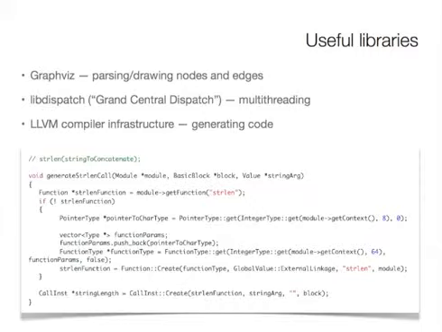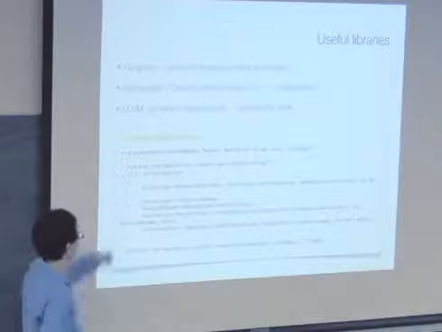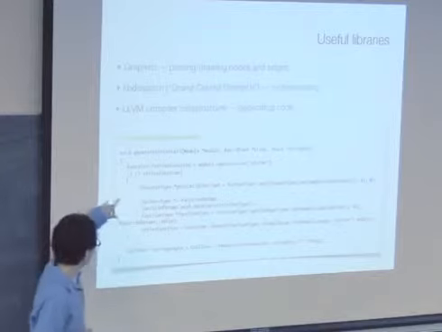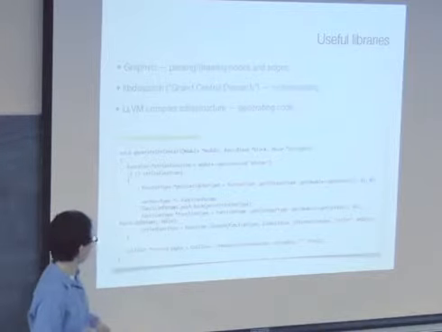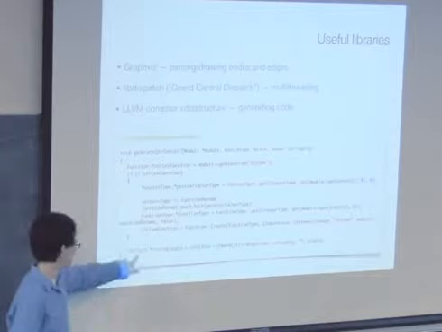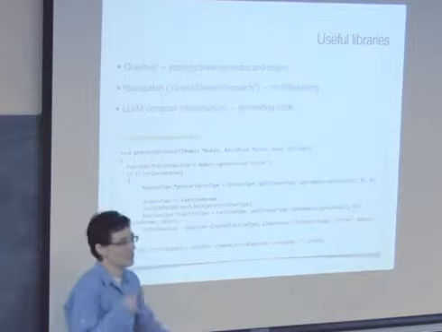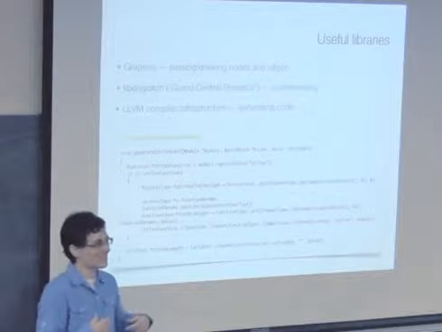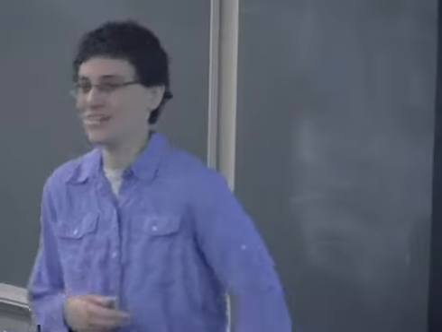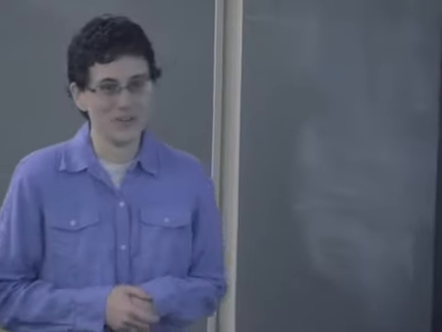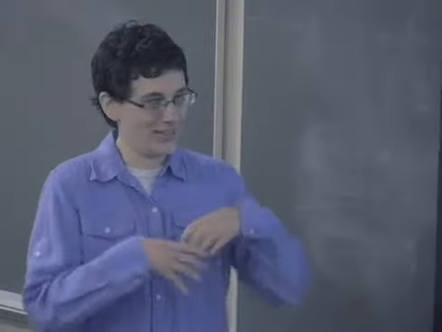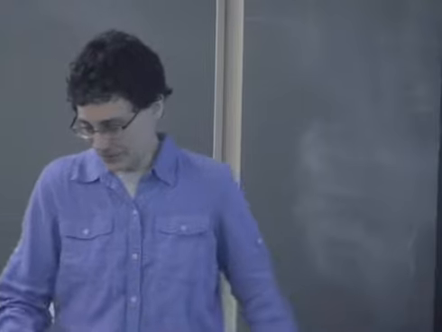So if we want to generate a call to the strlen function in C, this is what it would look like. LLVM provides data types that represent elements in your program. So there's a function data type, type data types, function type data types, and instruction data types for the code that you generate. So it's kind of confusing writing code about code, but it's also pretty handy. Much better than having to generate text code in C or something.